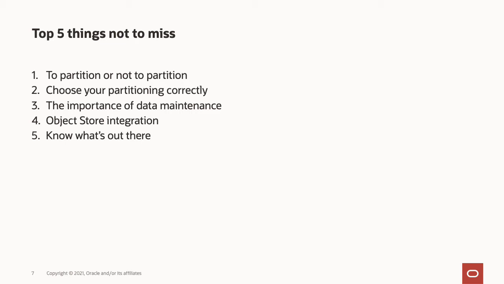This is true for both databases in the cloud as well as for on-premises. And last but not least, one important thing for you not to miss is simply to know at any point in time what's out there with Oracle Partitioning. Now let's look into these top 5 things in more detail.